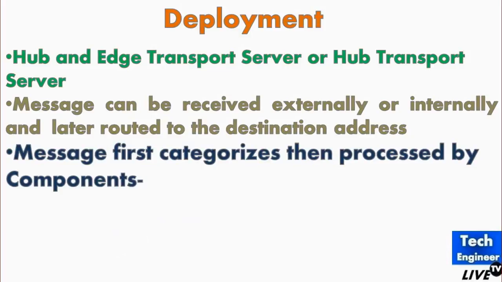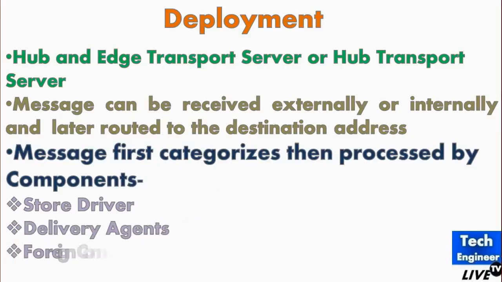Then the message is categorized and processed by components like the store driver, delivery agents, and foreign connection handlers. So either there will be the store driver, delivery agents, or foreign connection handlers, and that depends on what kind of message it is, where to send the message, and the routing destination.